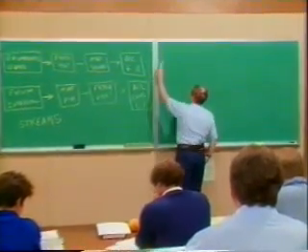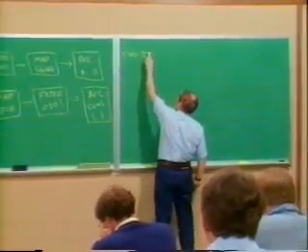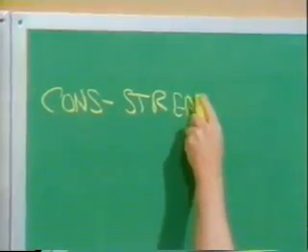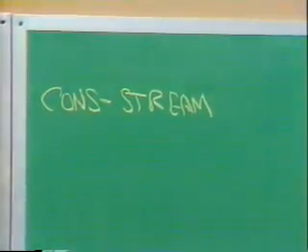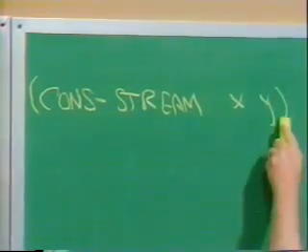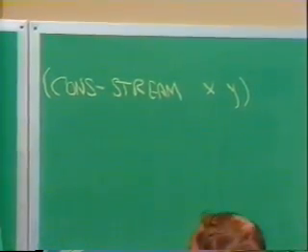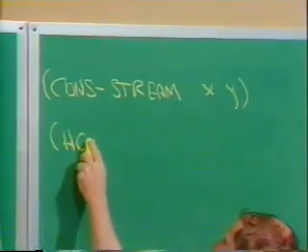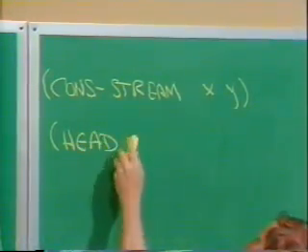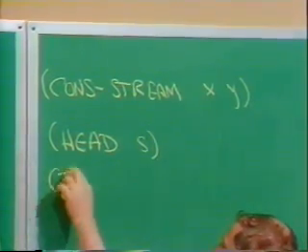Well, for a stream, we're going to have one constructor that's called constStream. ConstStream is going to put two things together to form a thing called a stream. And then to extract things from the stream, we're going to have a selector called the head of the stream. So if I have a stream, I can take its head, or I can take its tail.